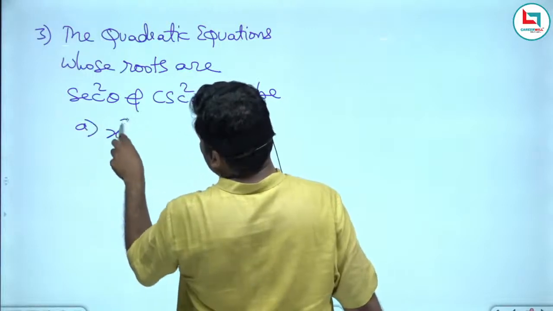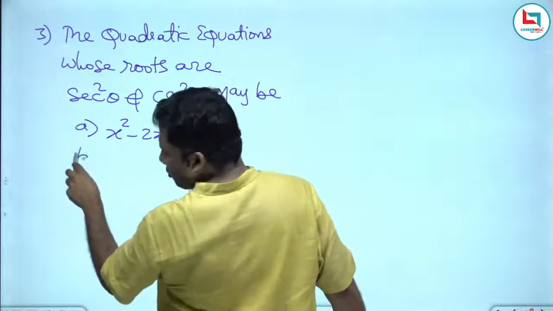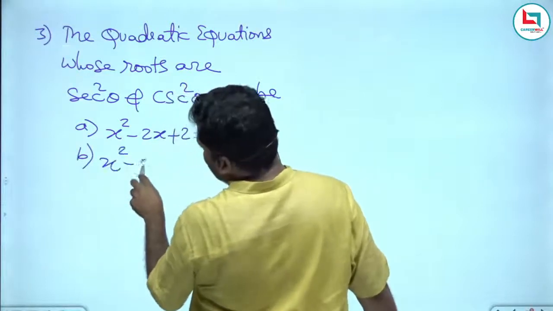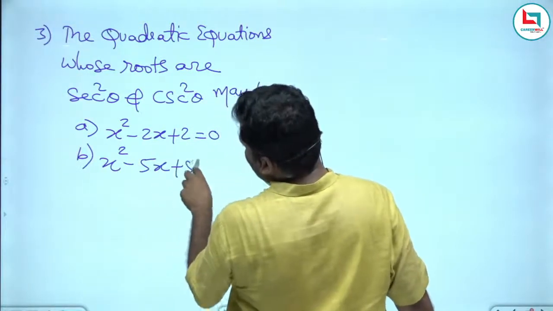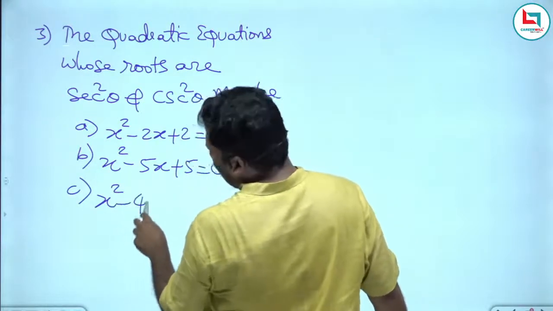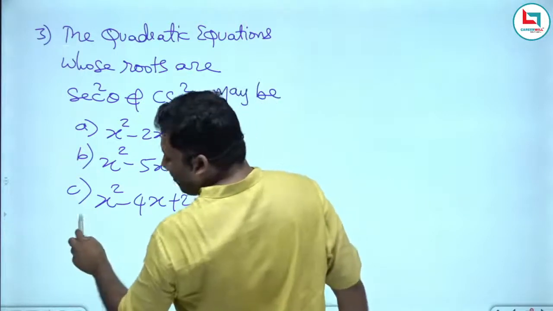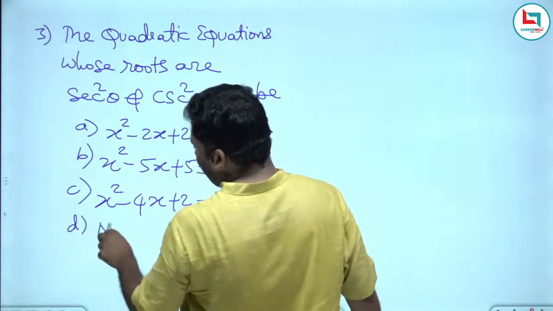Options are: x square minus 2x plus 2 equivalent to 0. Second option, x square minus 5x plus 5 equivalent to 0. Third option, x square minus 4x plus 2 equivalent to 0. Fourth option, none of these.